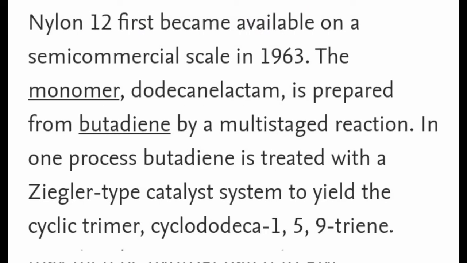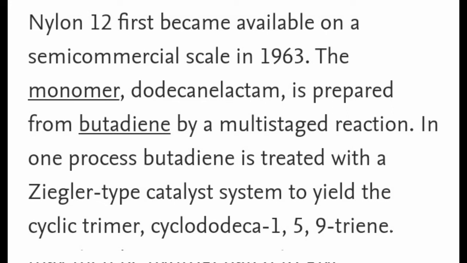After that, nylon 12, semi-commercial scale preparation is available. Monomer is dodecane lactam, which is actually prepared from butadiene. That means the starting material is butadiene, which is converted into dodecane lactam, which is then converted into nylon 12. For that, the butadiene is treated with Ziegler type of catalyst, which firstly gives rise to cyclic trimer, cyclododeca 1,5,9 triene.